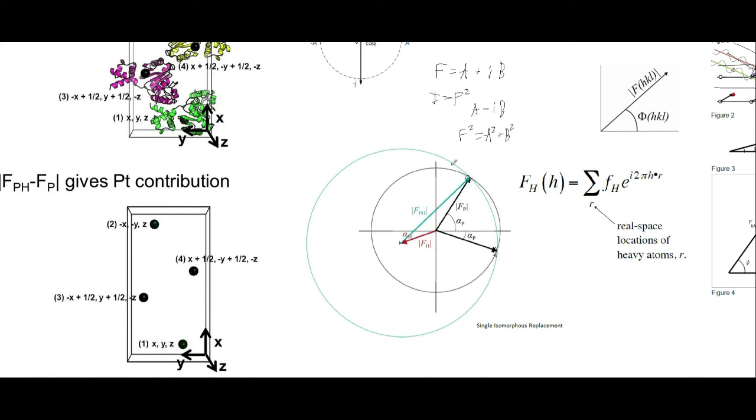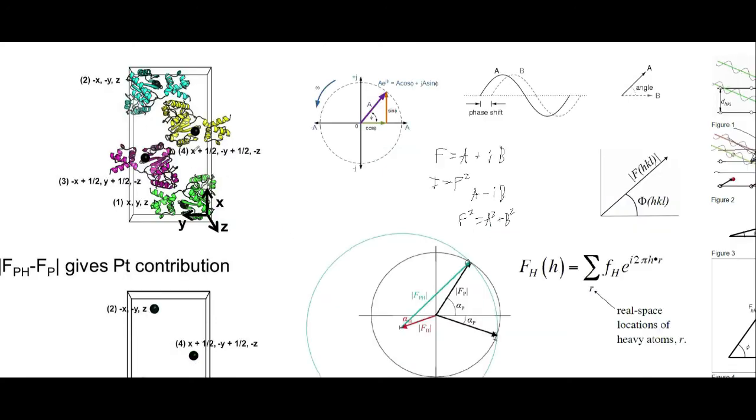So we have two different possible phases, which are these two alpha P's, and this is what's called single isomorphous replacement.